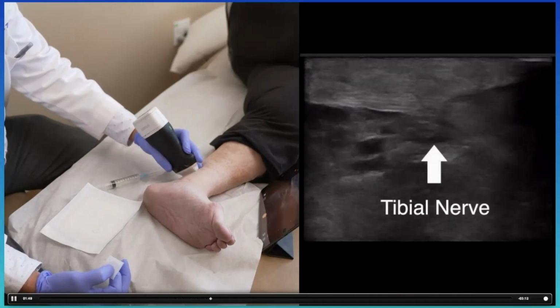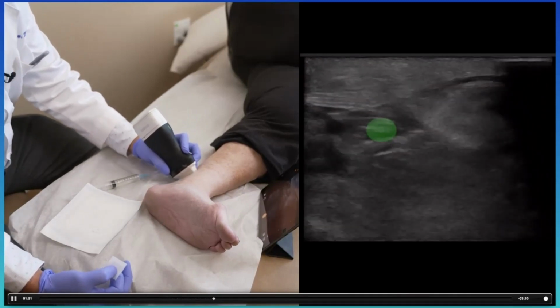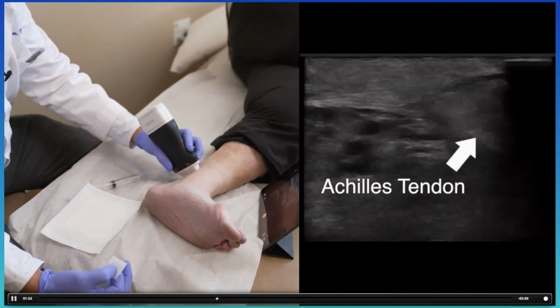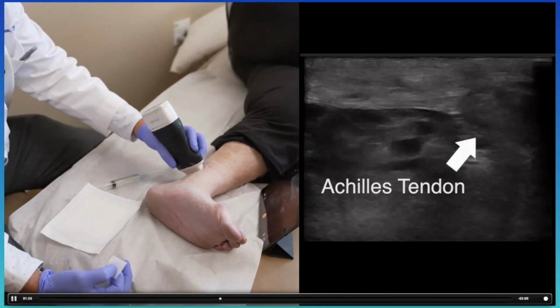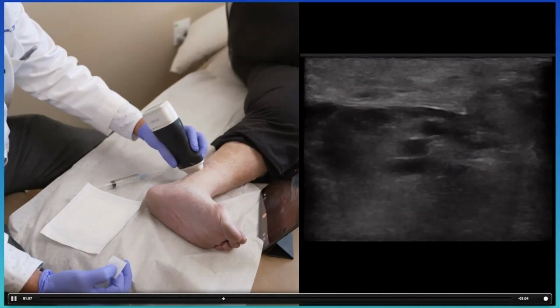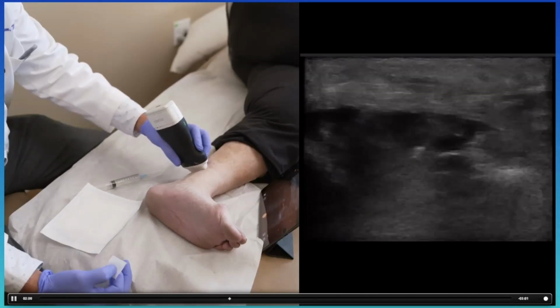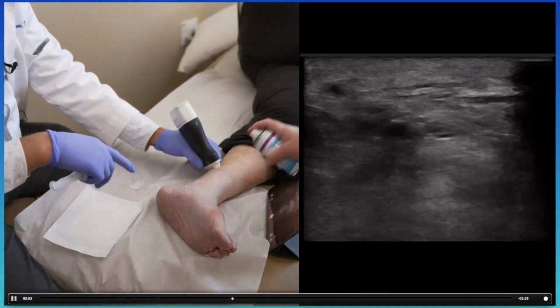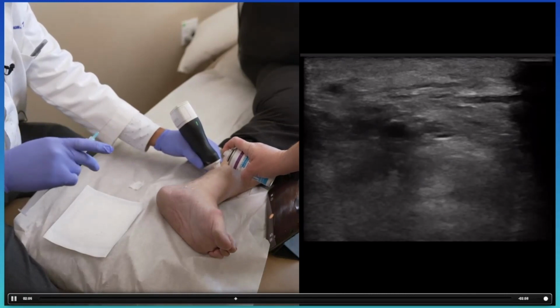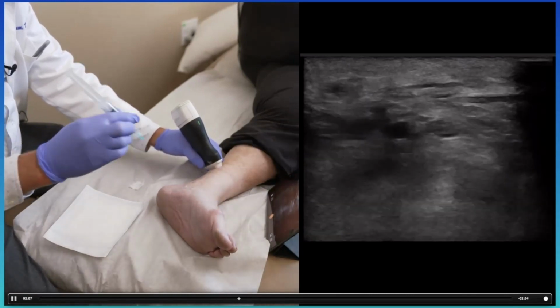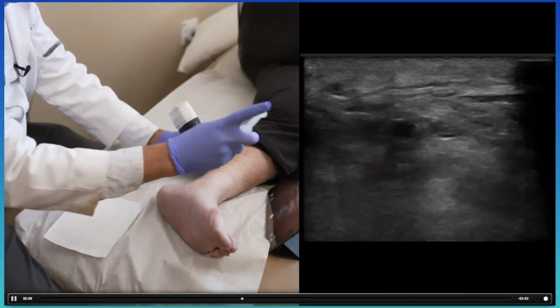So, to the right of the screen, we see the Achilles tendon. We're going to give her a little vapor coolant spray for skin anesthesia. A little pinch.